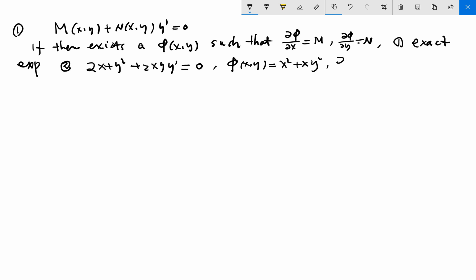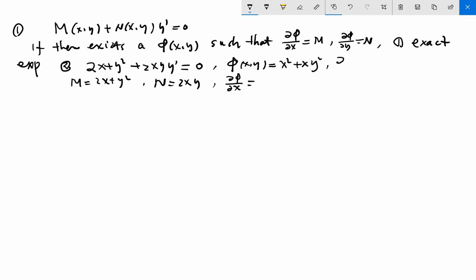So for this equation, M here is 2x plus y squared, and N here is 2xy. Okay. So now let's check that. Partial phi with respect to x: you treat y as a constant.